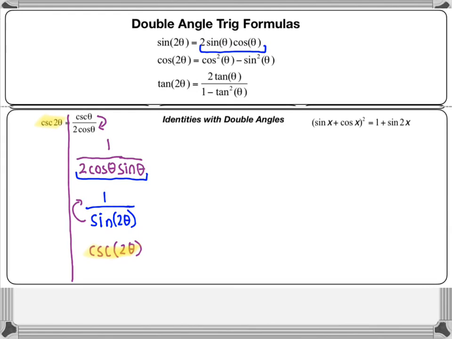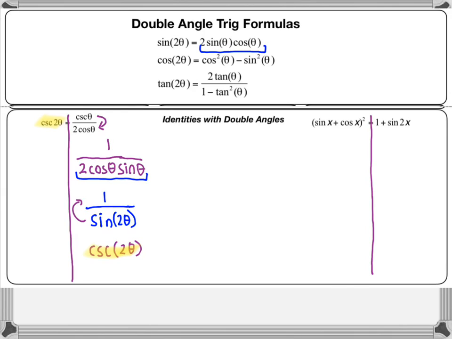So, let's take a look at this next one over here. We've got some interesting stuff going on, and I'm going to, once again, work the side that does not have the double angle, interestingly enough, and I think that's going to work out nicely. So, I'm going to FOIL the left-hand side.